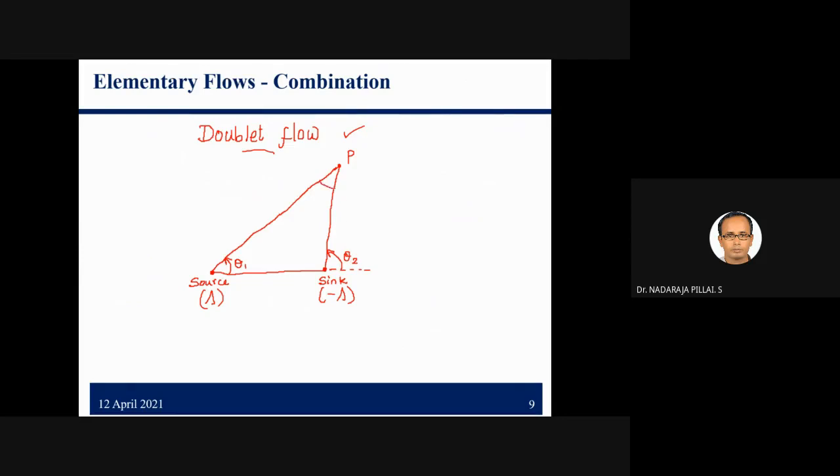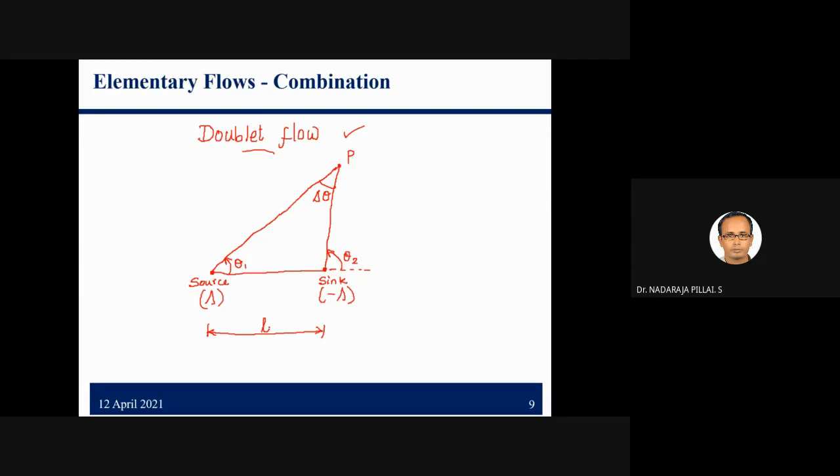And here I make this angle as del theta. So source and the sink are separated by a distance L, right? So this is a source and sink pair, right?